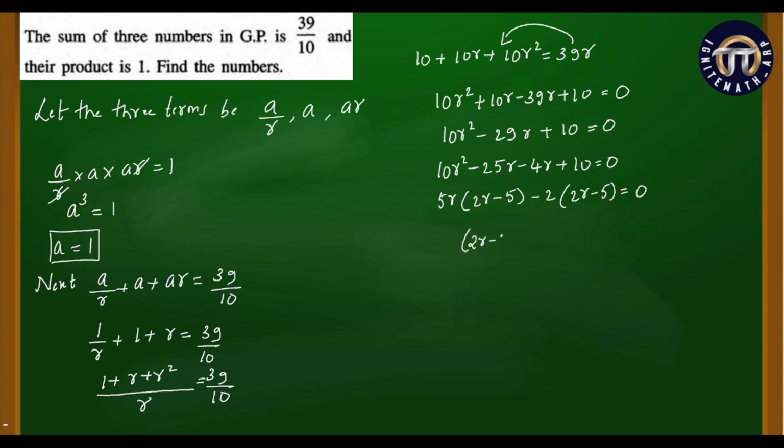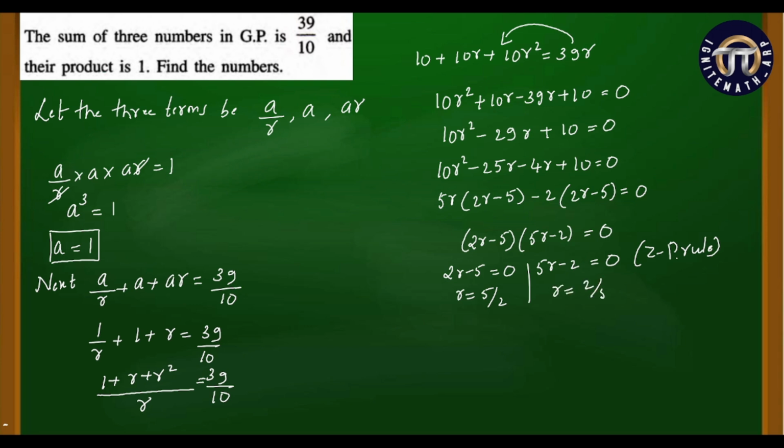So 2r minus 5, then 5r minus 2 is equal to 0. So 2r minus 5 equal to 0 or 5r minus 2 equal to 0. This is nothing but zero product rule. Clear, children? So I'll get here r is equal to 5 by 2, r is equal to 2 by 5.